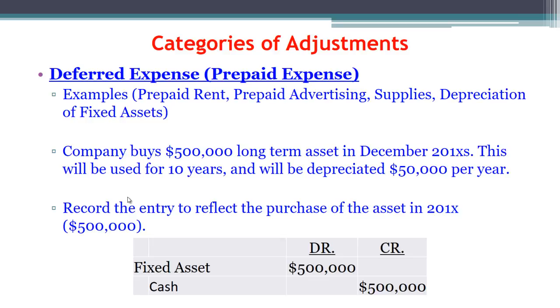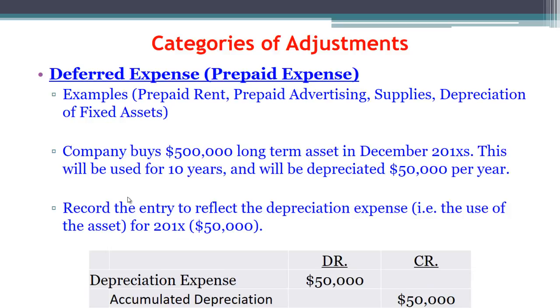So first of all, we have to record the purchase of the asset. Here we are debiting a fixed asset for $500,000 to increase it. We're crediting cash because we spent it. Credit cash for $500,000 right off the bat. So we've increased the asset, decreased the cash asset.